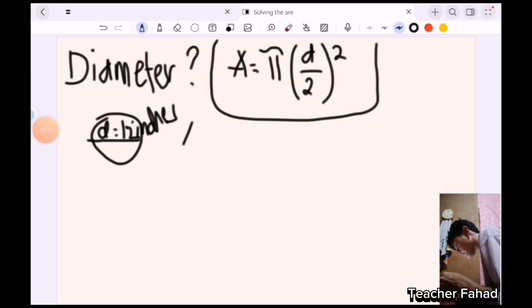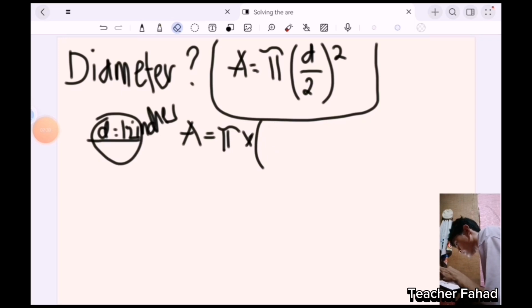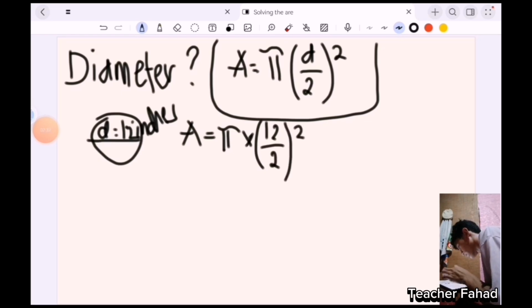So, area is equal to pi times d over 2, which is 12 over 2, square. Then next, what is our pi?